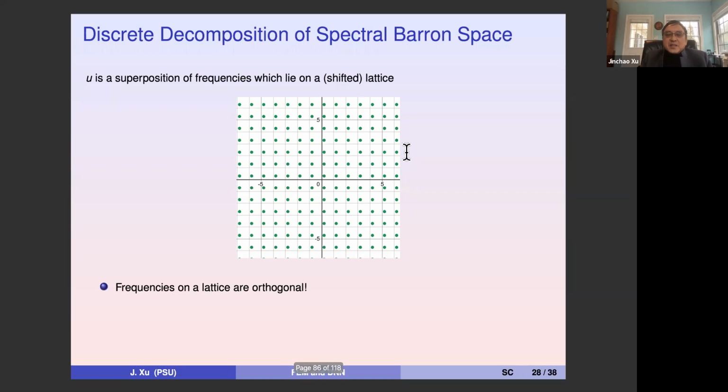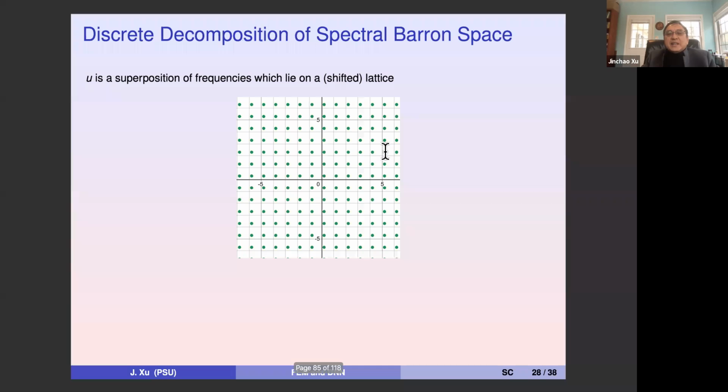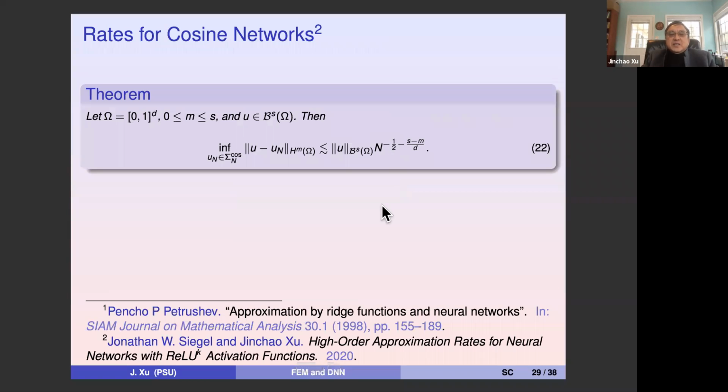And it turns out, for those of you who have played with this n-term nonlinear approximation method, this is an orthogonal expansion in that lattice. You can pick the largest coefficients, n-term, with some weights. That's the approximation. If you do that, you can prove the following estimate.